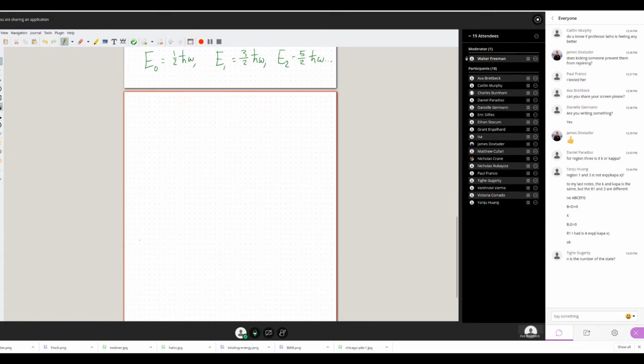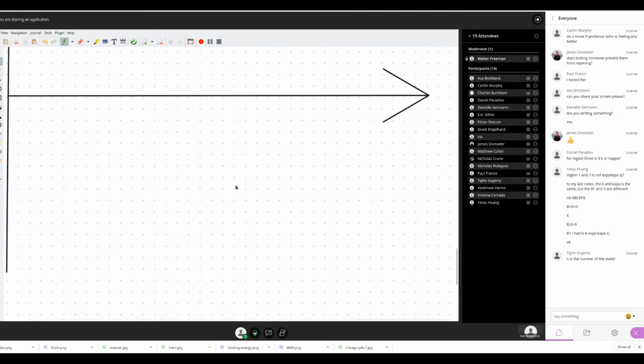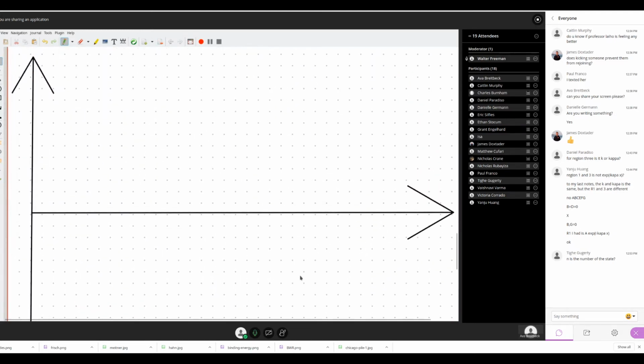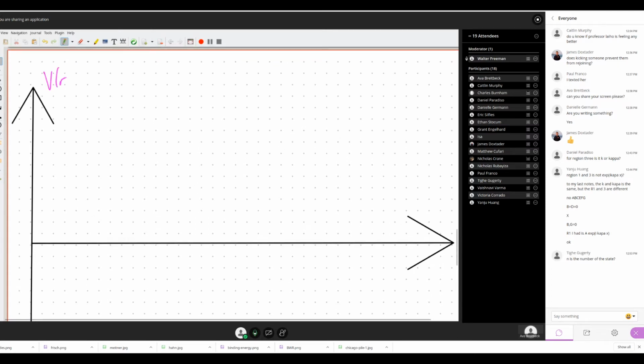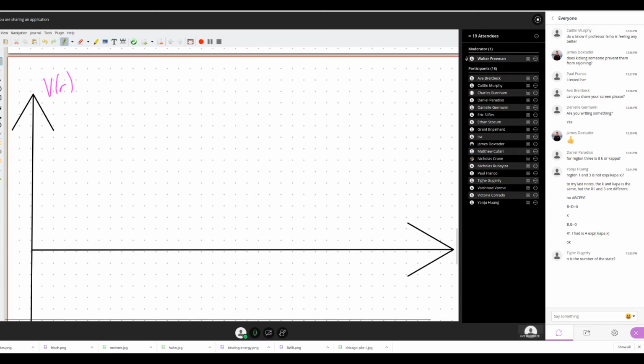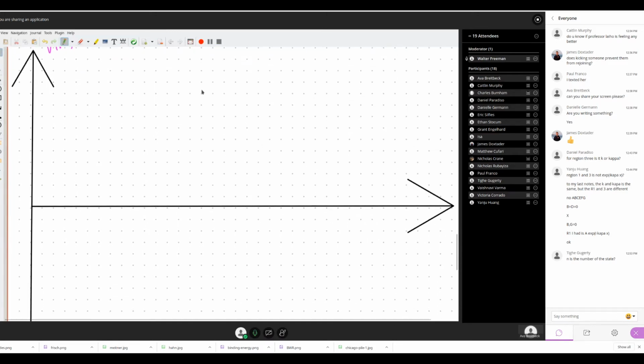if you remember way back when we talked about molecules and the forces between molecules, we saw that the potential as a function of distance goes like this. I'm going to zoom in on this to make sure I get my drawing clear. So this is V of R. It has an asymptote here.